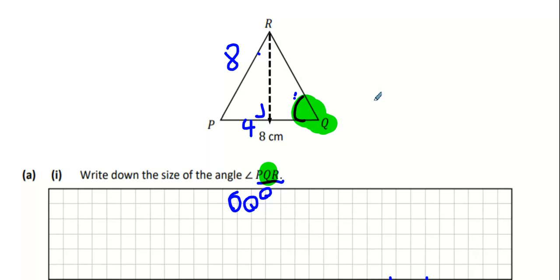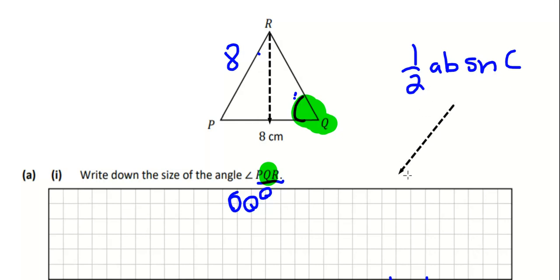There is another option. It's called a half ab sine C. Does anybody know how to use this? It's a half any two lengths and the angle that's sandwiched in between. So it's a half 8 times 8 and the angle in between, which is 60. Does everybody see that?